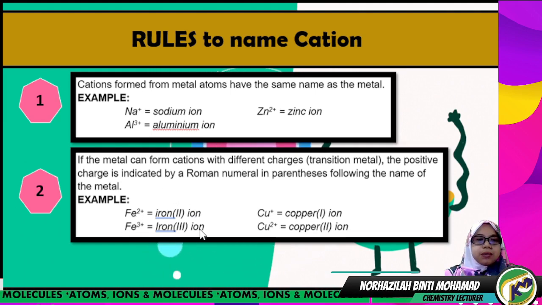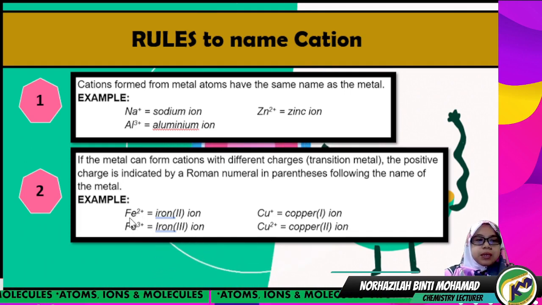This rule is only applied for cations that have more than one charge. For example, here we have two charges of Fe. The first one is Fe2+, the second one is Fe3+.